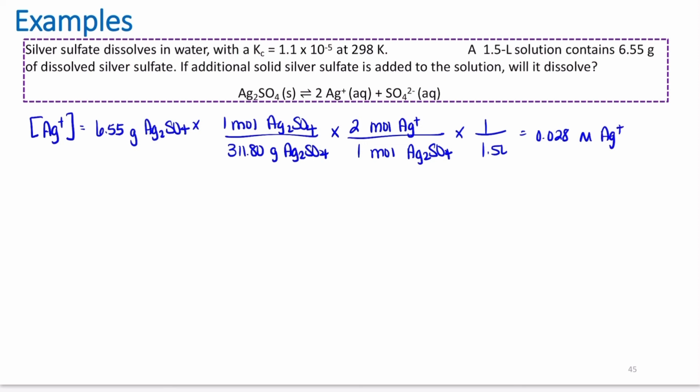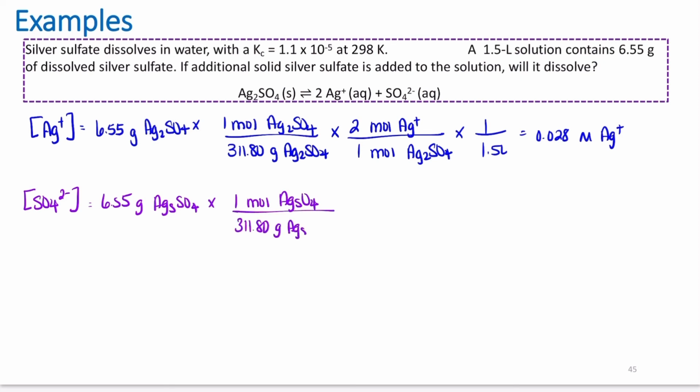How many sulfate ions do I have? Same process, 6.55 grams of silver sulfate. 1 mole of silver sulfate contains 311.8 grams of silver sulfate. Keep forgetting to put a little 2 in there.